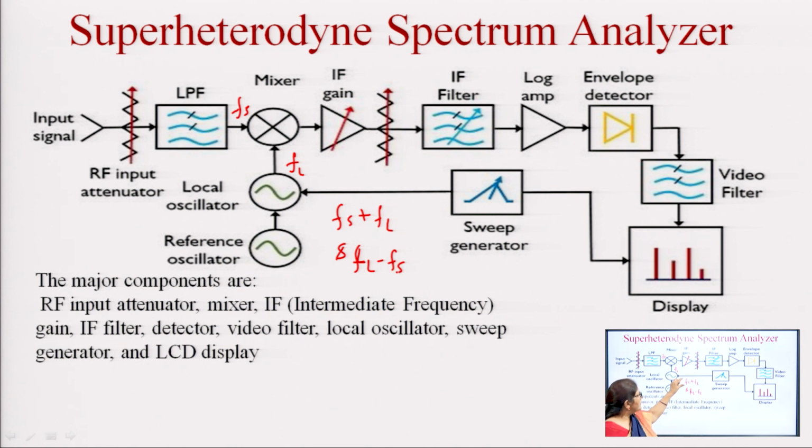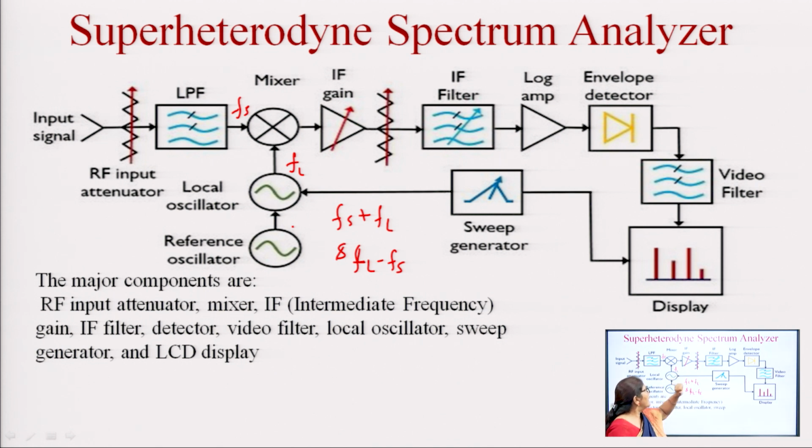Both signals are passed to the IF amplifier. So, the basic function of this mixer is to produce the sum and difference of the frequencies of the signals which are applied to it.